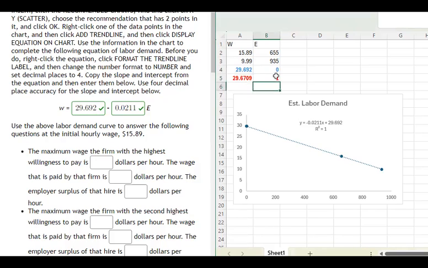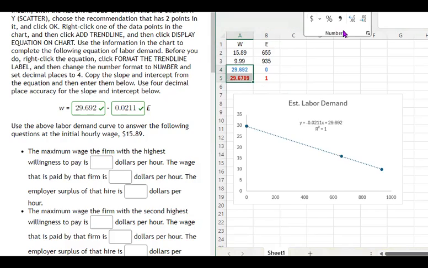So we replace E, the employment level, with 1, right? So we're essentially plugging 1 into our labor demand equation here, right? When we plug 1 into there, what we're saying is firms are willing to pay up to $29.67 per hour to hire that first worker, right?